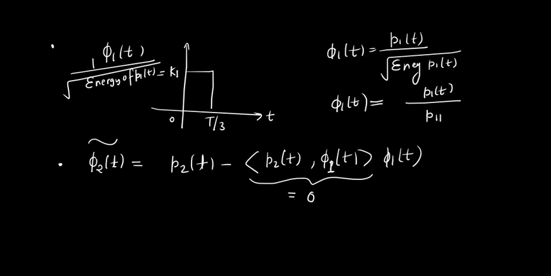It is zero. So phi 2 tilde is the same as p2t.